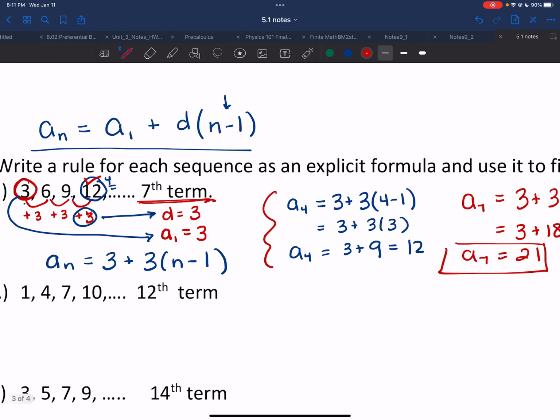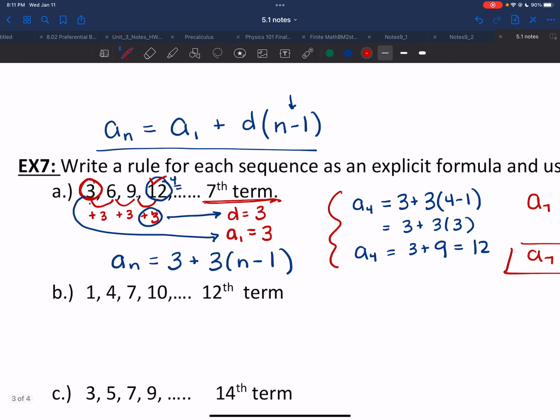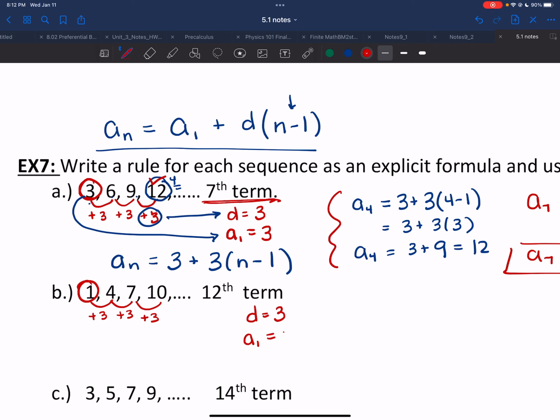All right, now that I've gone through it, let's see if we can more easily come up with our equation. So from 1 to 4, that's plus 3. 4 to 7, that's plus 3. 7 to 10, that's plus 3. So I know the difference between these is 3. And then I'm going to look at what my first term is, which is this right here. My a_1 is equal to 1, my first term.